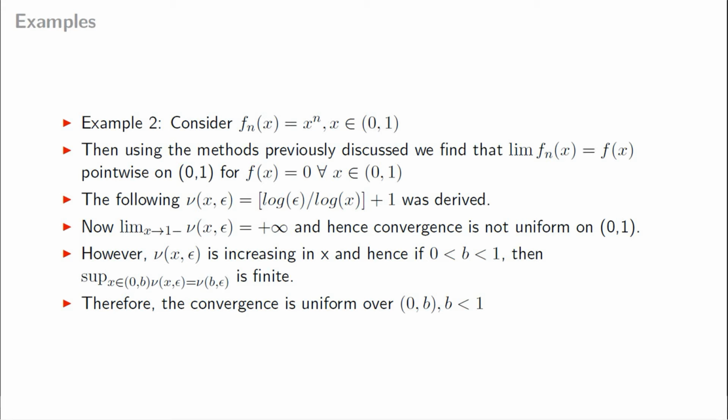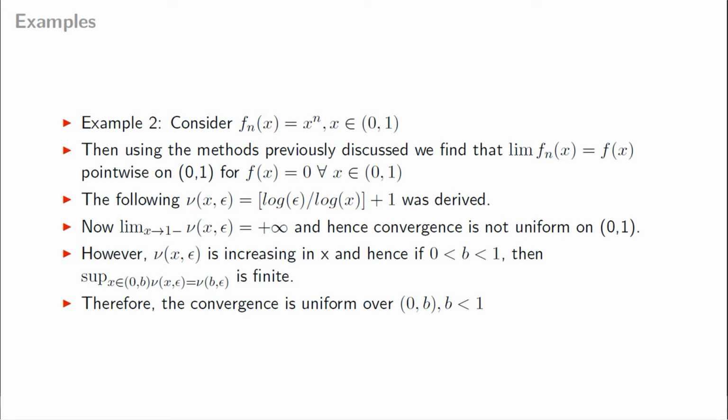Then as earlier we have derived nu x epsilon as the box of log epsilon divided by log x, plus 1. However, the limit of nu x epsilon as x tends to 1 minus is not finite, and hence the convergence cannot be uniform on the open interval 0 to 1.